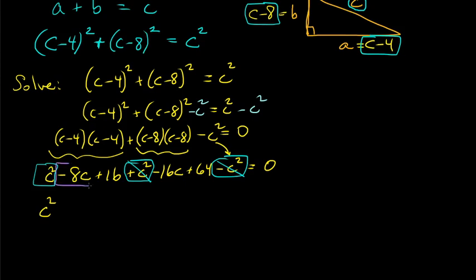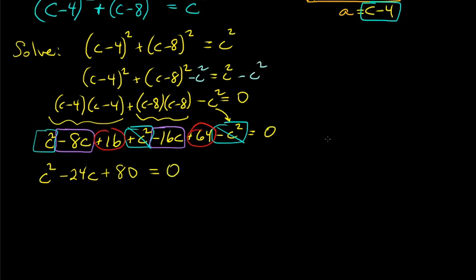We have negative 8 times C minus 16 times C, and that adds up to negative 24 times C. And finally, we have 16 plus 64 is 80. And that takes care of everything. That's still equal to 0. Okay, so this is looking good. This is in standard form. So at this point, all we need to do is factor this.